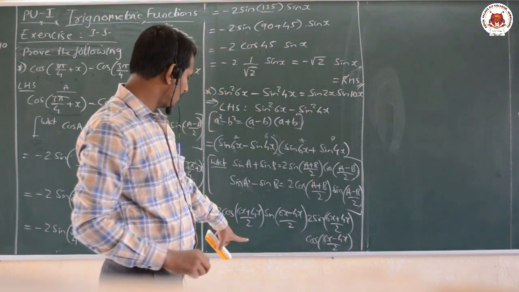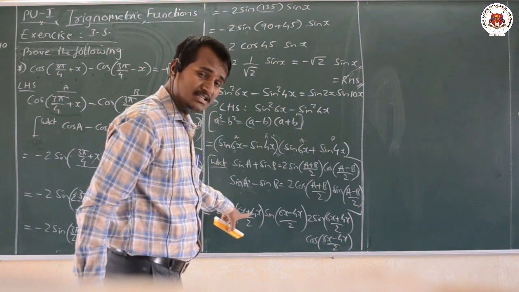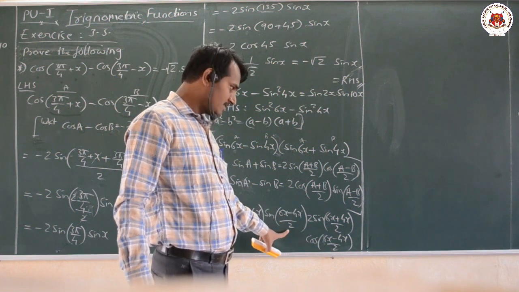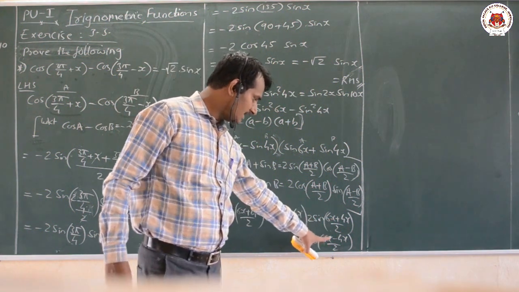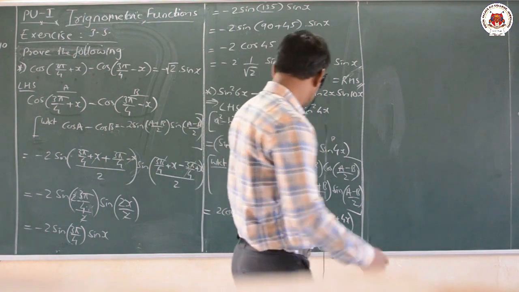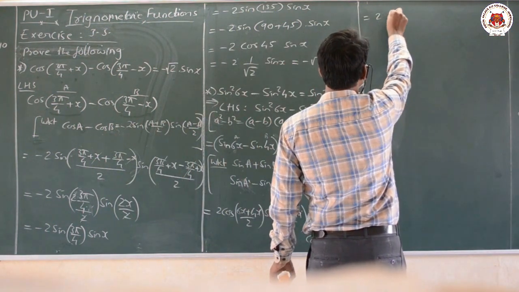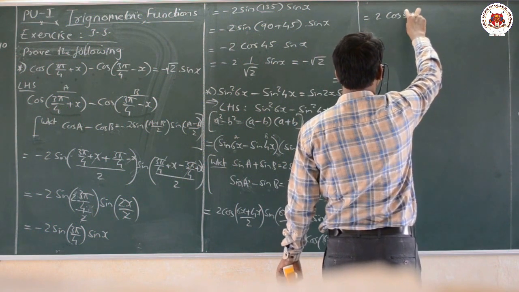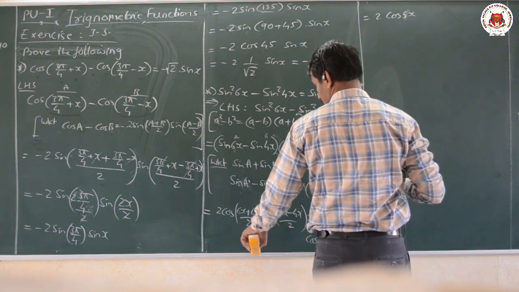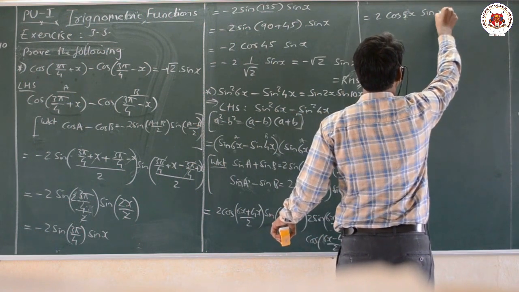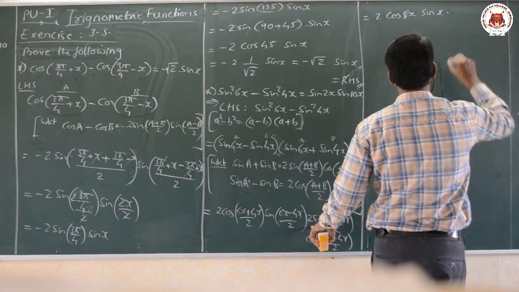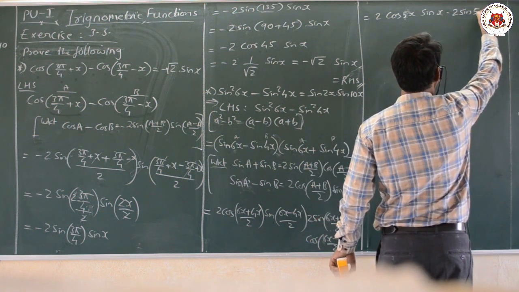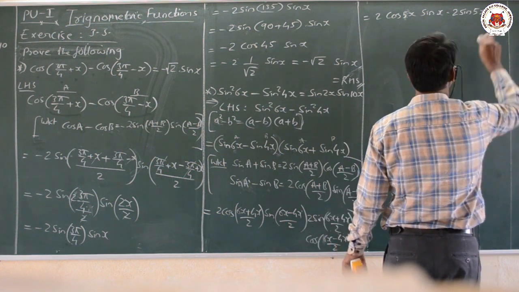Now I will simplify it: 6x plus 4x is 10x, by 2 that is 5x, and 2x by 2 is x. So the value is 2 cos 5x into sine x, and 2 sine of 10x by 2, that is 5x, into cos of 2x by 2, that is cos x.